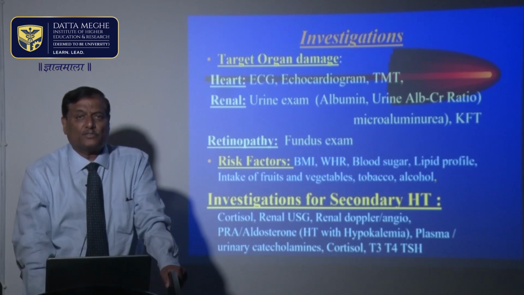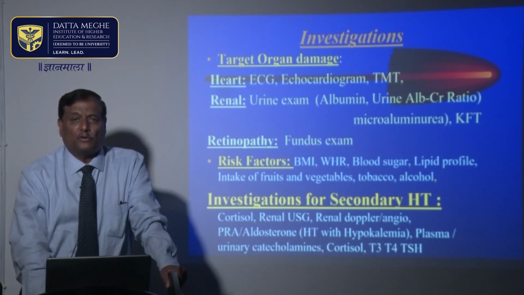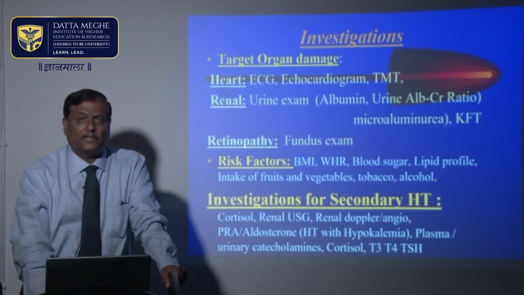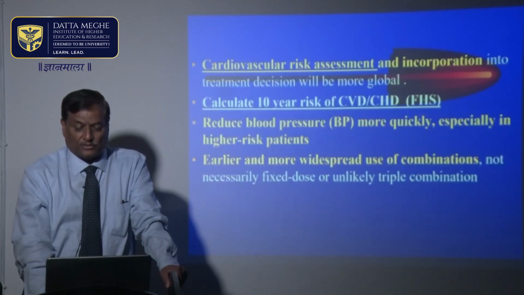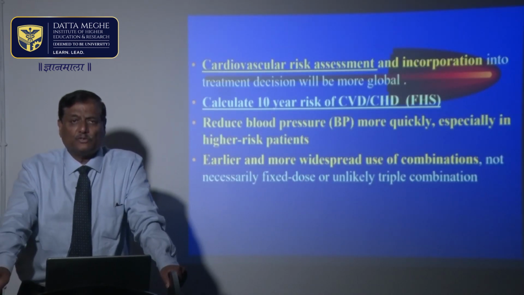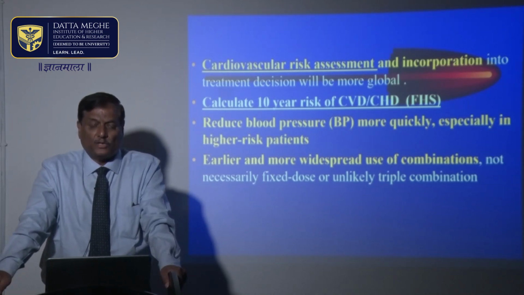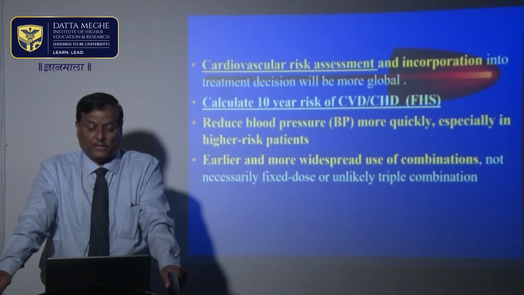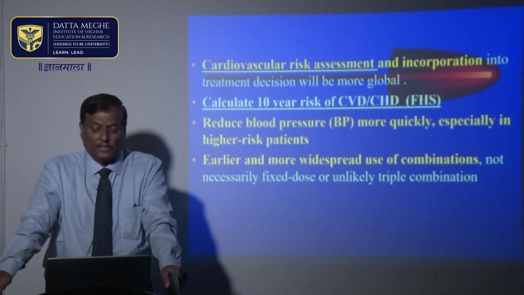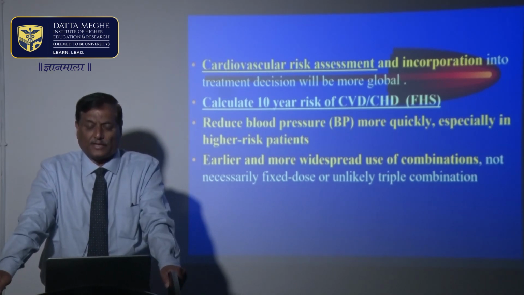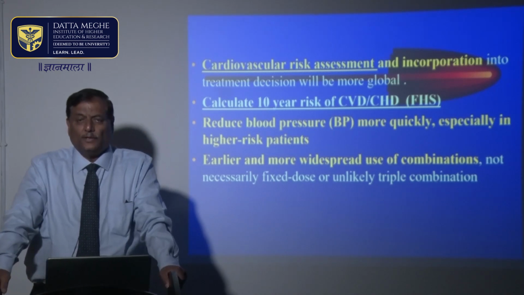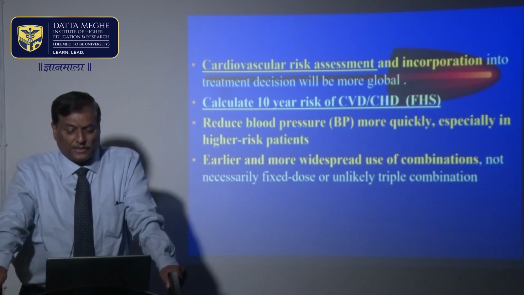So, investigations for secondary hypertension would depend on whether there is any clinical clue to any disease which can cause hypertension. And also, it is very important to assess all other risk factors and do what is known as the cardiovascular risk assessment, and we have to calculate the risk of a person developing a heart attack or a paralytic stroke in the next 10 years.